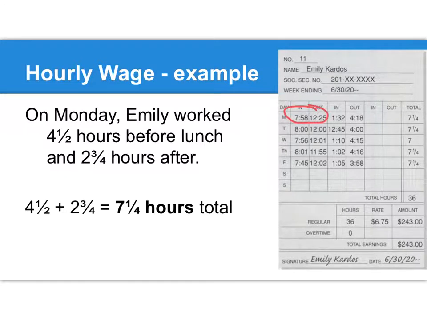The 1:32 to 4:18 is going to approximate as 1:30 to 4:15, and that's another 2 3/4 hours. So for the day, the 4.5 hours that she worked in the morning plus the 2 3/4 that she worked in the afternoon amounts to a total of 7 1/4 hours that she worked in total on Monday. We can tack on what she did Tuesday, Wednesday, Thursday, Friday to find that she worked a total of 36 hours for the week.